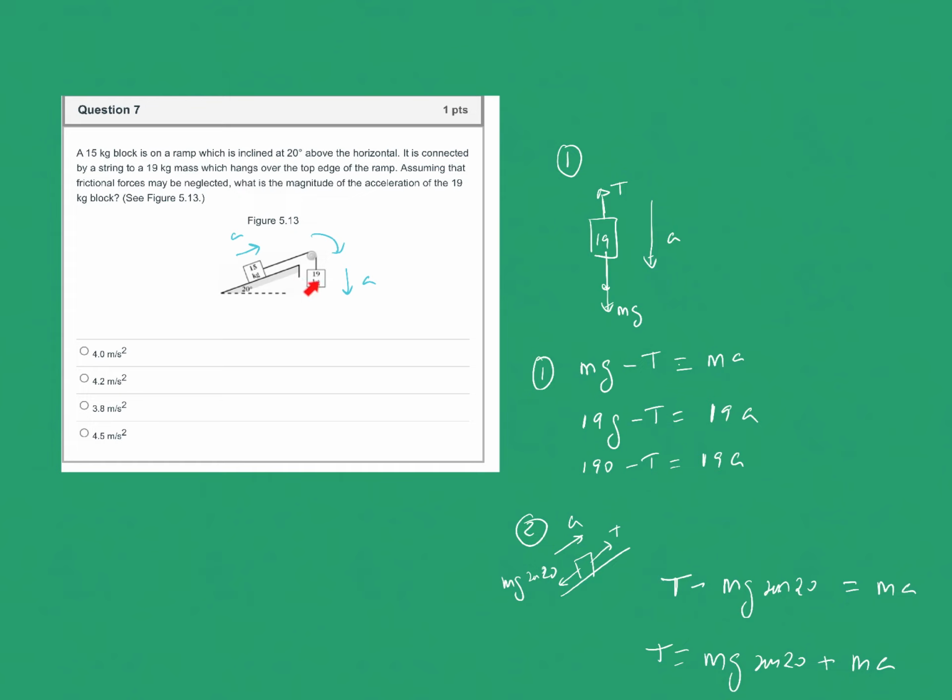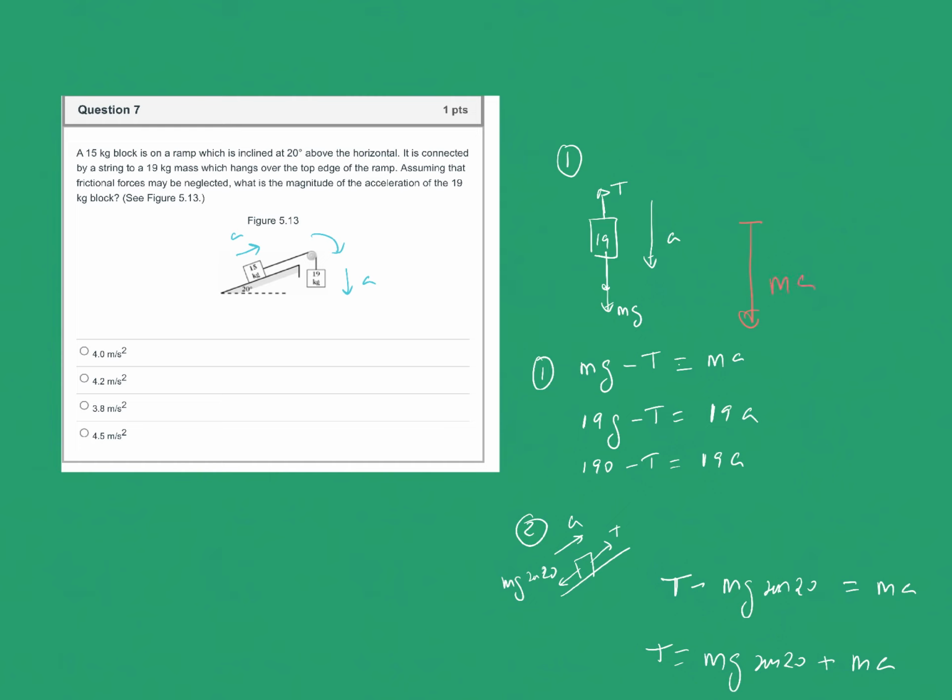So we start with the 19 kilogram. The 19 kilogram has weight, mg, and tension going up. And we suppose that the motion is taking place in this direction. So the acceleration is going in this direction. So ma is going in this direction.